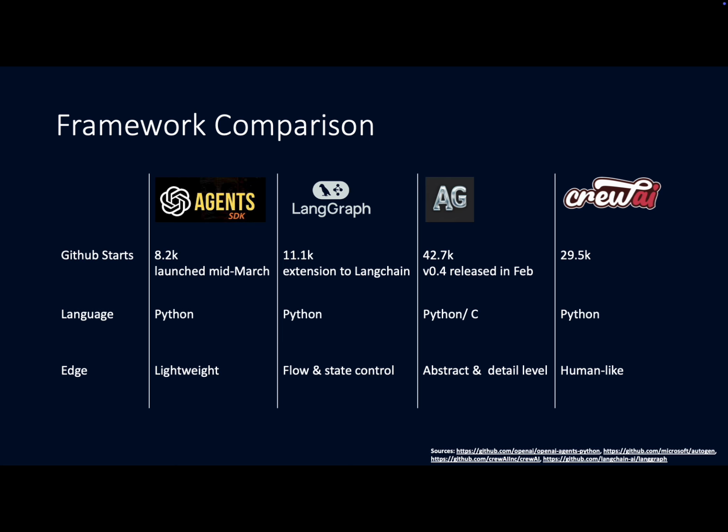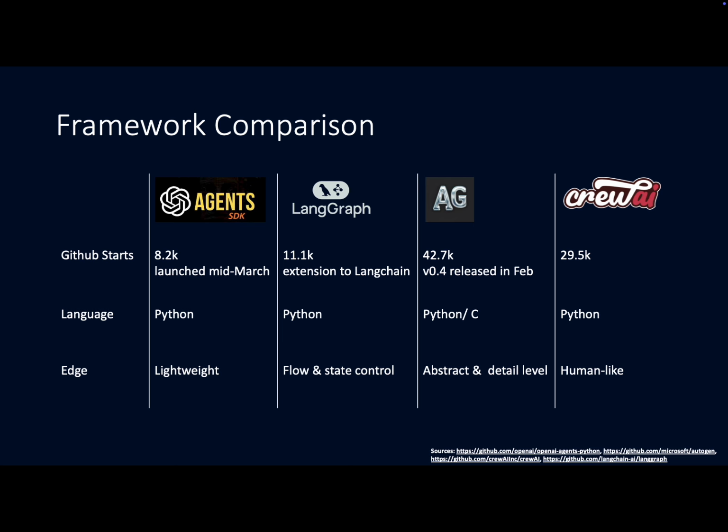On the language side, they're all built for Python. AutoGen is the only one that can also be used with C. And I want to give you a feeling of their edge. The Agent SDK is the most lightweight framework, so for beginners, or if you want an easy head start, the Agent SDK is your way to go.